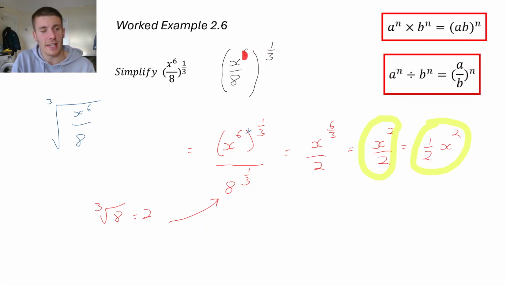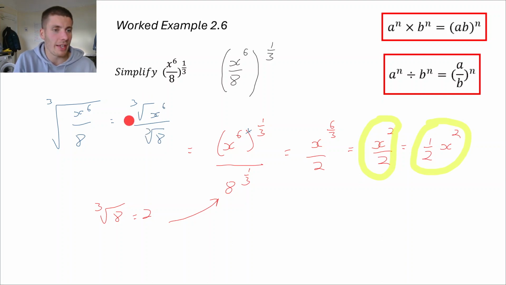We know from GCSE surds that we could have written this split up as the cube root of x to the 6 over the cube root of 8, which is exactly the same thing as this, just written in terms of indices, not surds. We're going to come on to surds in the next part of the playlist. So you have seen this before, we're just looking at it in terms of indices this time.